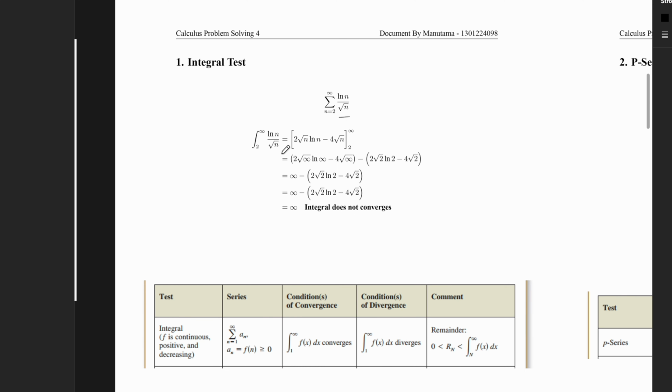If you're using the integral test, just integrate this function. We get the integral, and then we input the boundaries from 2 to infinity: infinity for this part, and 2 for this part, and then we subtract them.